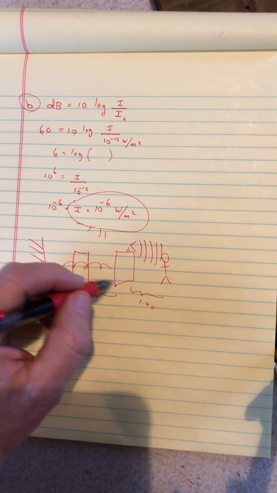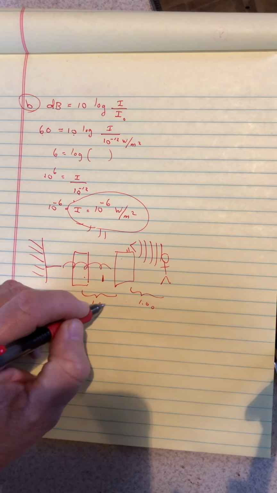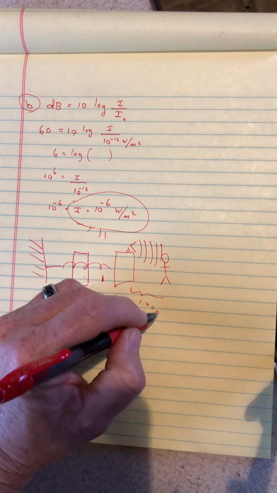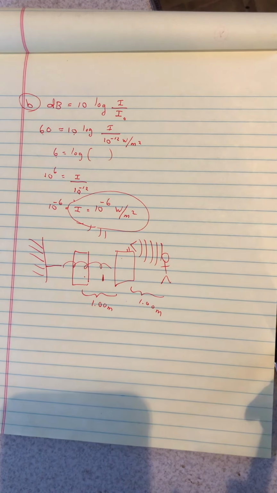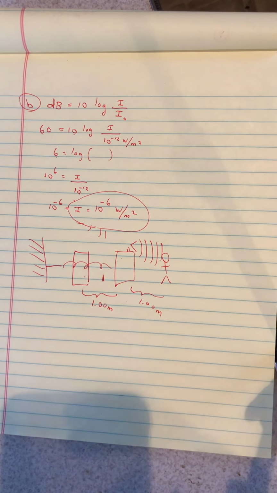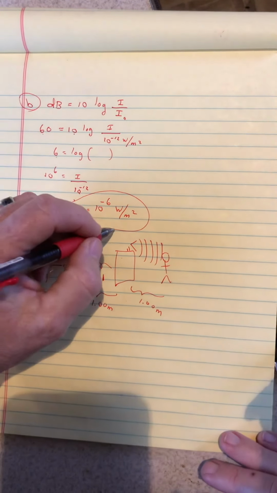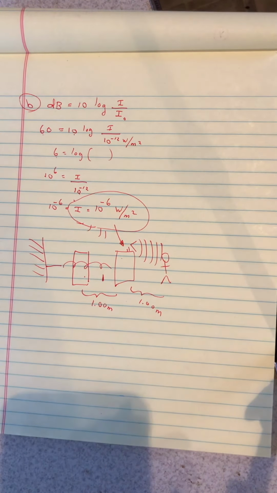So it would move back a half a meter to equilibrium and then another half a meter, so that's another meter away. It's a little further. In fact, it's twice as far at this point. And that's why the sound level and the intensity is going to go down. So what I solved for was the intensity at this point, 1 meter away.